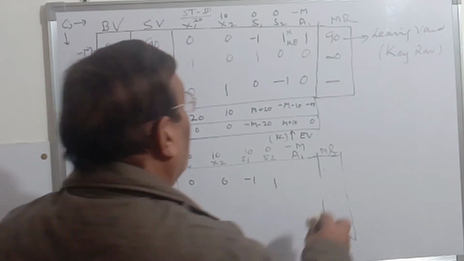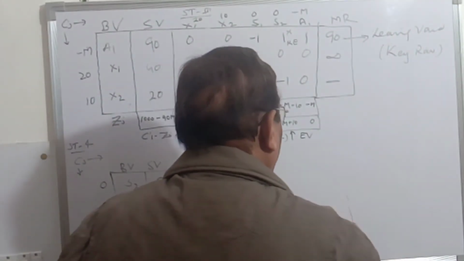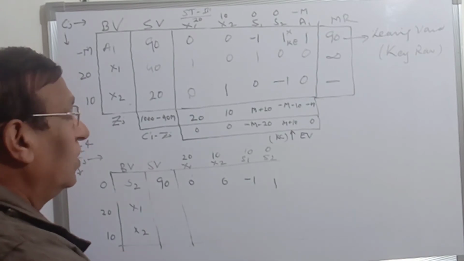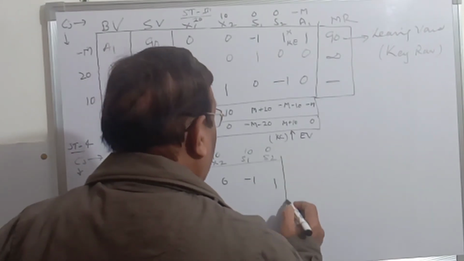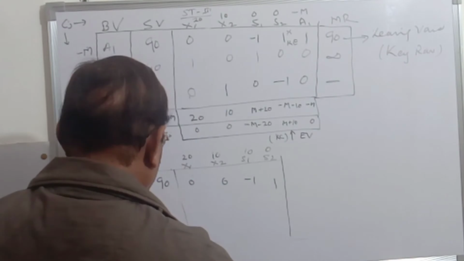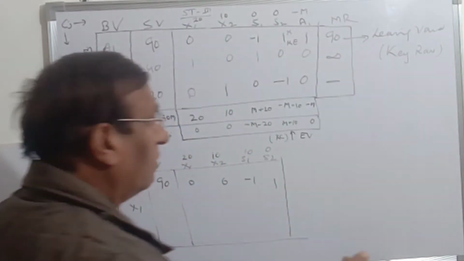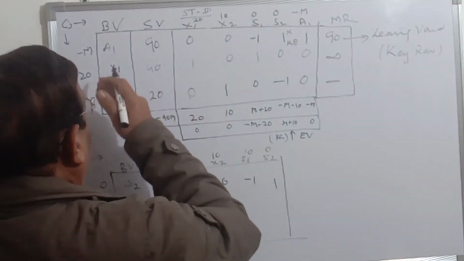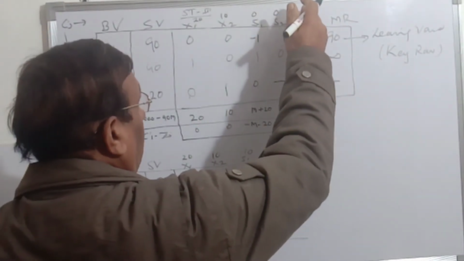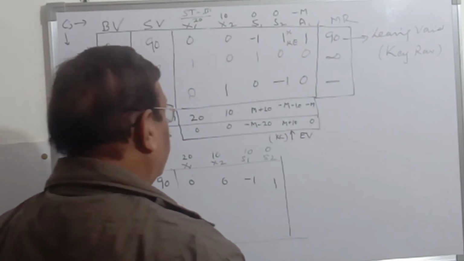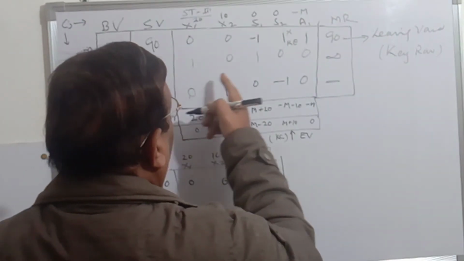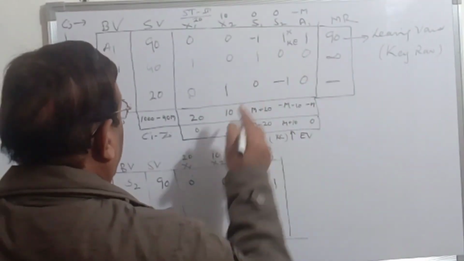A1 is going now. Because A1 artificial variable is leaving, so we will not have column of A1. Because A1 is leaving, so A1 will also leave this column. So second, X1 as it is, because 0 is here.